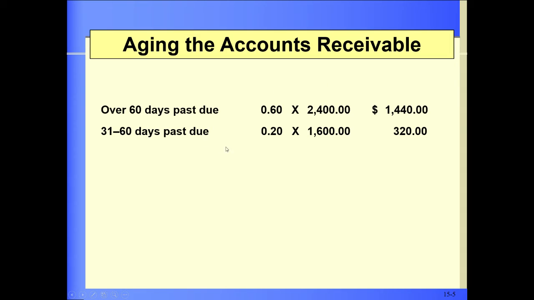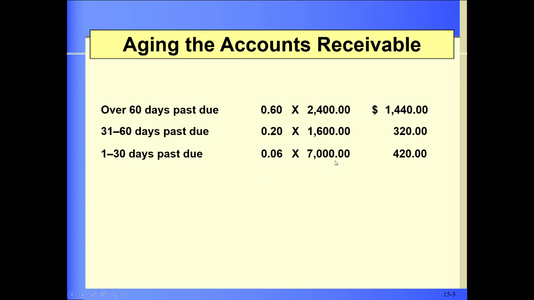For anything that is 31 to 60 days, we've estimated that about 20% of that is not going to be collectible, so we multiply that times the current balance and come up with $320. The next one, the 1 to 30 days past due, we've reduced it to only 6% because we're getting closer and closer to the accounts that are current.